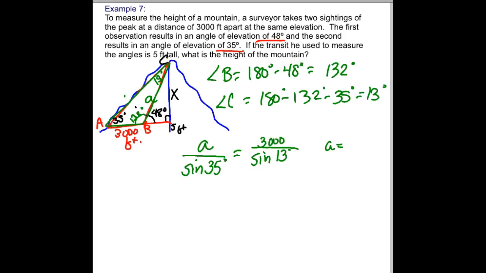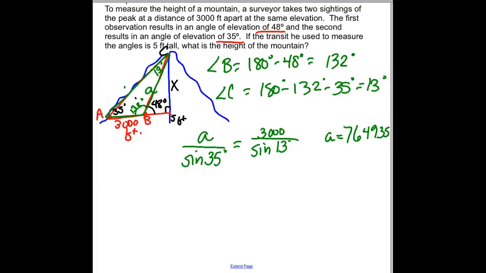So what did we get for side A? 7649.35? Okay. So if we know side A, and we know that 48-degree angle, I'm moving now to my little right triangle piece. This was 48 degrees, and we just found this side to be 7,649.35 feet. Can we find that side?